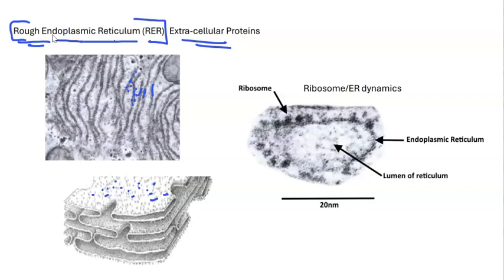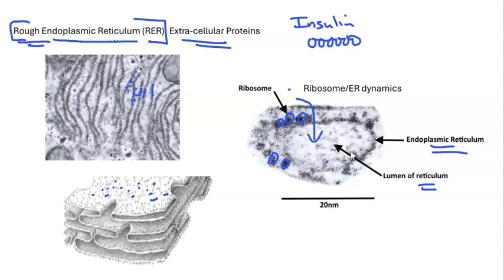So as an example, if you were making the protein insulin in a pancreatic cell, then the amino acids would be joined together on the ribosome, but it would happen on rough endoplasmic reticulum ribosomes. And then, so they're isolated. You can see here, these are the ribosomes. And then the protein which has been manufactured is then introduced inside the endoplasmic reticulum, into the lumen of the reticulum.